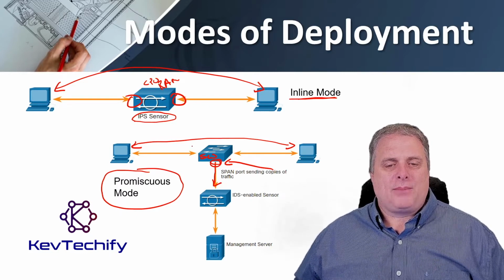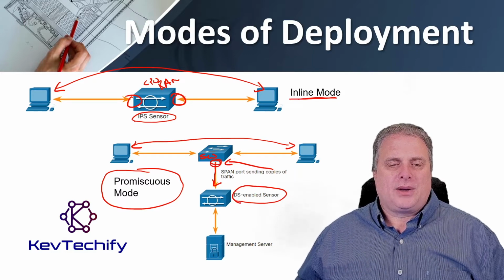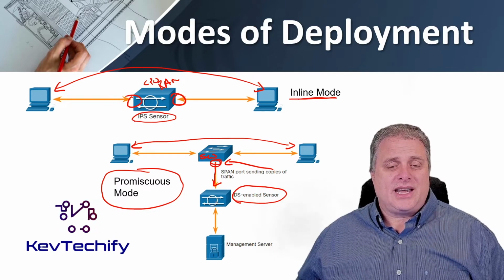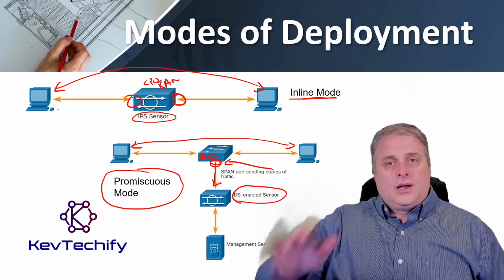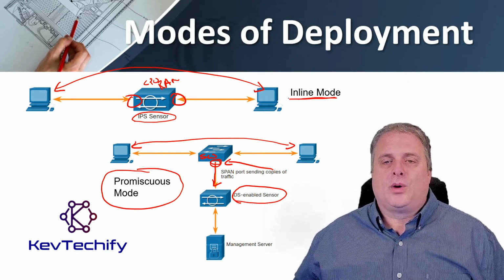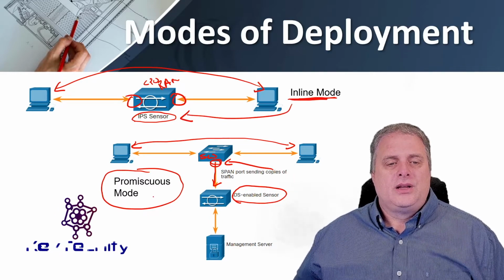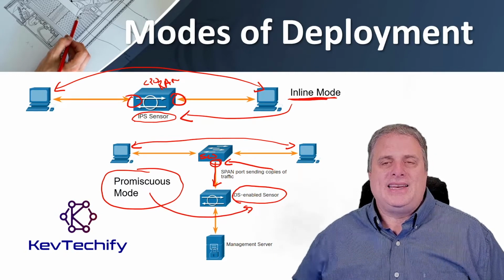And then as we copy it down, this is where you have your IDS enabled sensor. Based upon what your IDS sensor sees, what it detects, the management server can be set up to respond accordingly. As we look here, typically your inline mode, that's what we have here at the top, is an IPS sensor. Normally, when you're in promiscuous mode, we're looking at an IDS sensor.